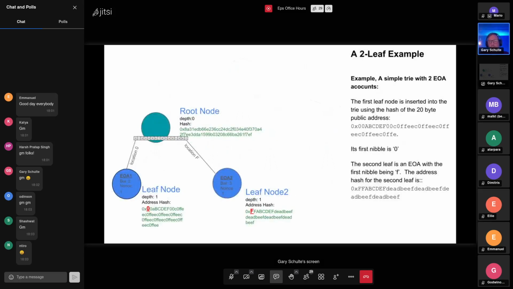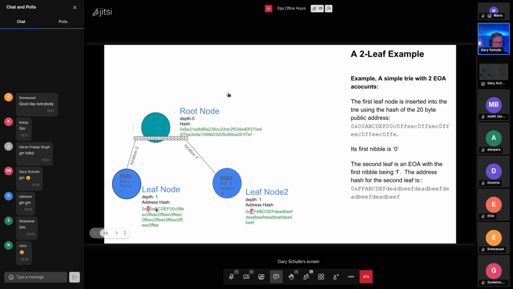Okay, so to bring the Merkle portion of this in, to bring the hashing in, the cryptographic commitments, let's look at some examples. This is a really simple 2-leaf example. So we have an EOA1 and EOA2. This is a toy example, I just did this for fun because it's easy to type in and remember.